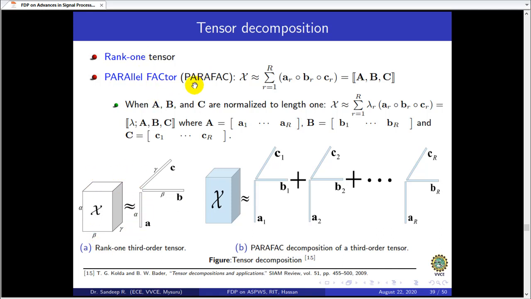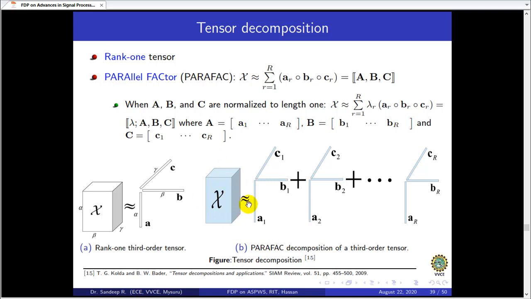So what was the basic idea in parallel factor analysis? Suppose a tensor X can be represented as the outer product of 3 vectors, and there are such R rank 1 tensors, then we say that we have used the parafac decomposition. So this is the original video being treated as a tensor.